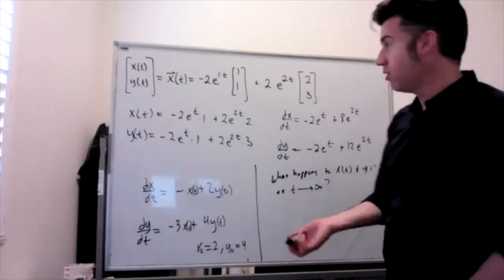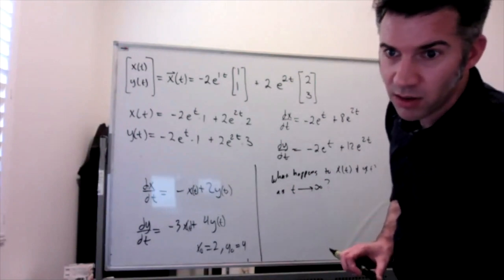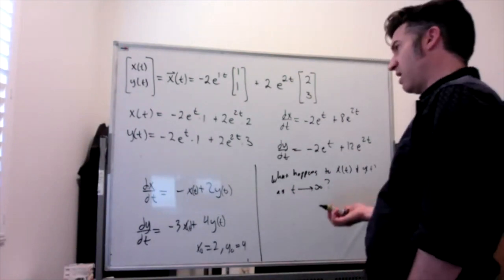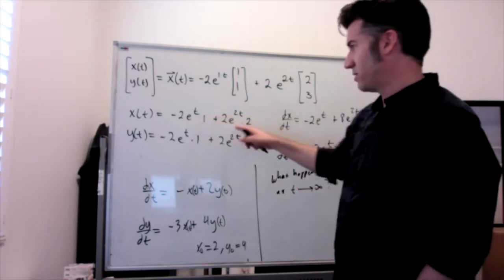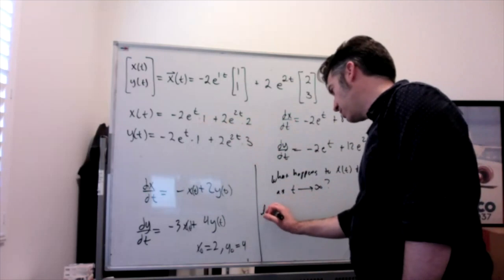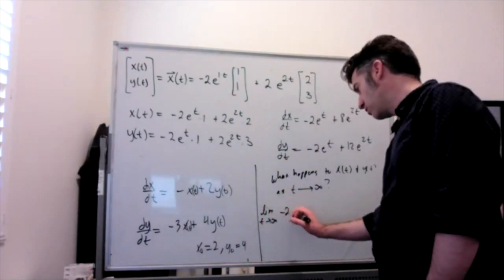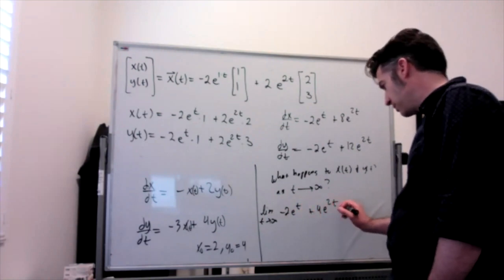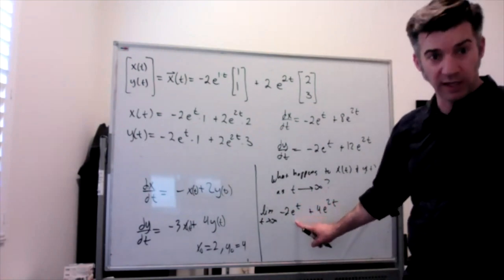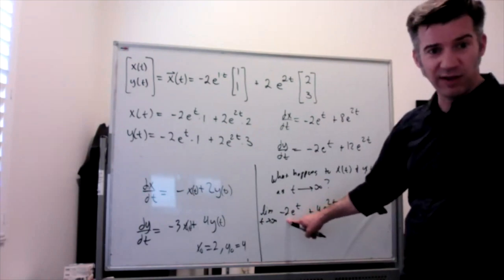Well, in this example, you've got a negative thing and a positive thing. So let's say the limit as t goes to infinity of -2 e to the t plus 4 e to the 2t. e to the t is going to infinity, so is e to the 2t. That's a negative infinity, that's a plus infinity.